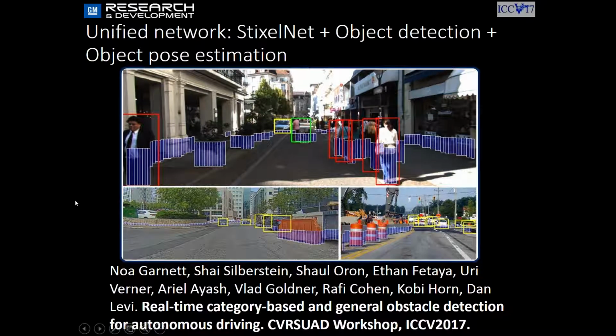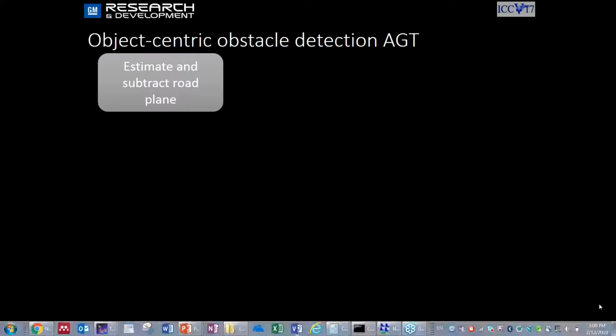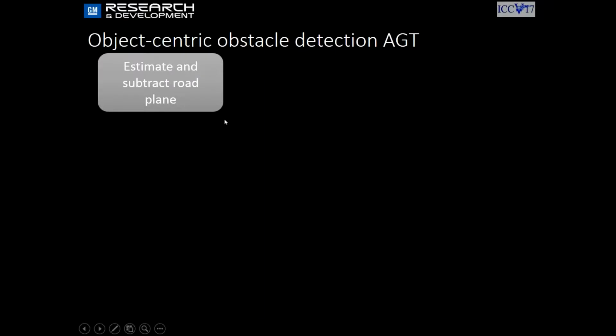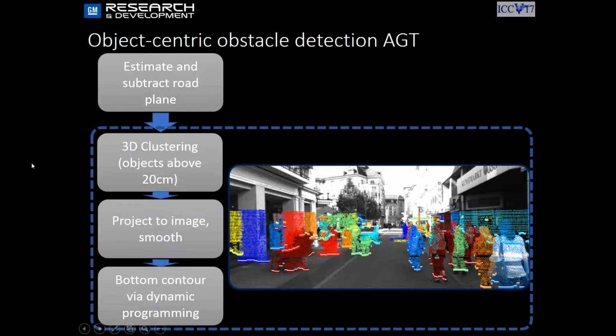What we did basically is we improved the algorithm for obstacle detection and made it object-centric. So we first estimate and subtract the road plane, and then we do 3D clustering of objects in the LiDAR domain. So before projecting them to the image, we do some processing of the LiDAR. And then we get objects with clusters.